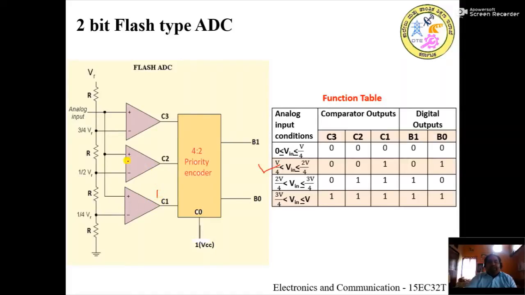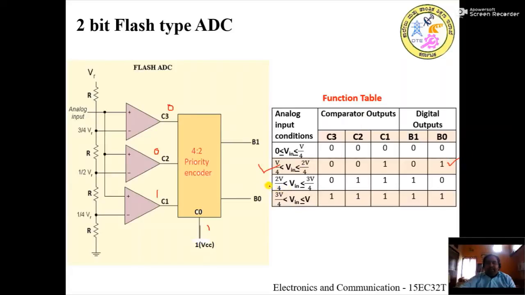Whereas for comparators C2 and C3, since their reference voltages are greater than the unknown analog voltage, their outputs should be 0 0. Now with this combination 0 0 1, since C1 will take the precedence as per the priority encoder logic, it is going to produce an output 0 1.